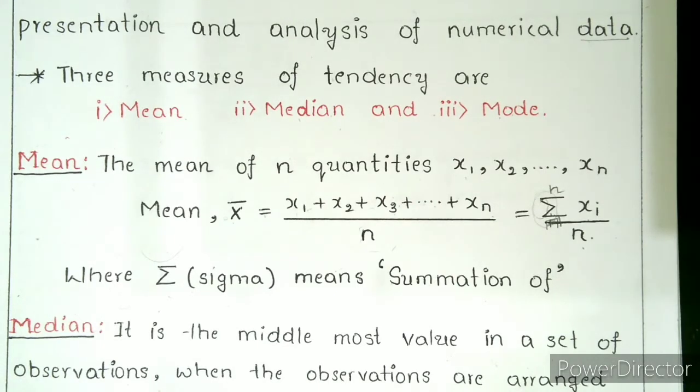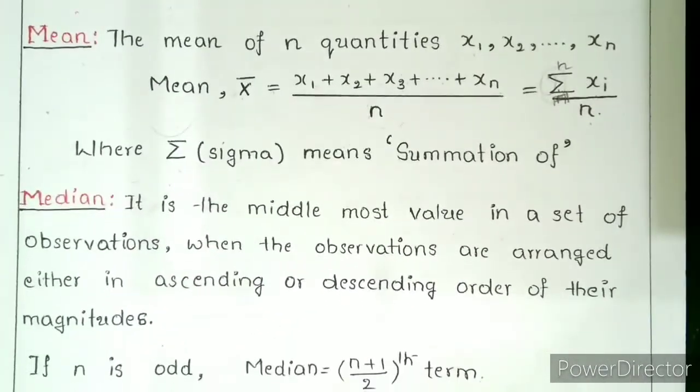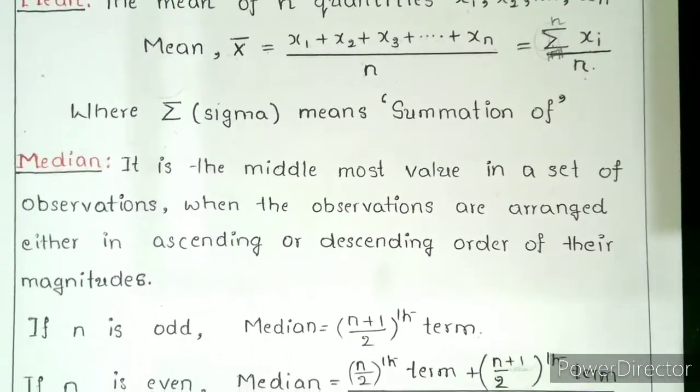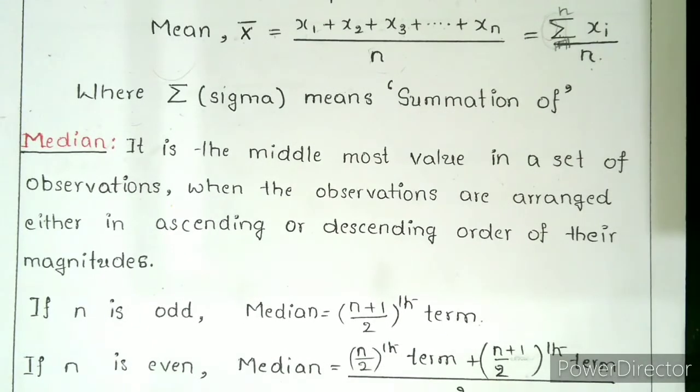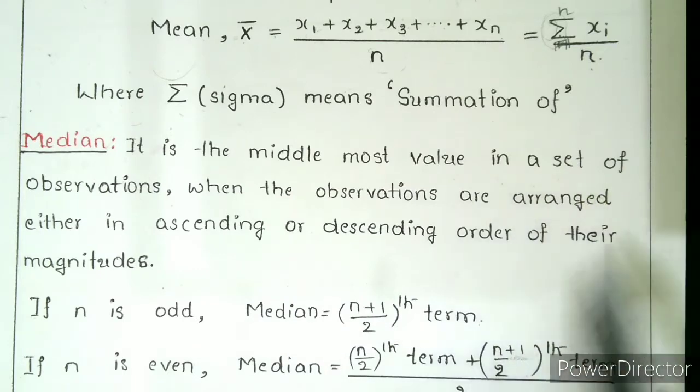Next, median. It is the middlemost value in a set of observations when the observations are arranged either in ascending or descending order of magnitudes.